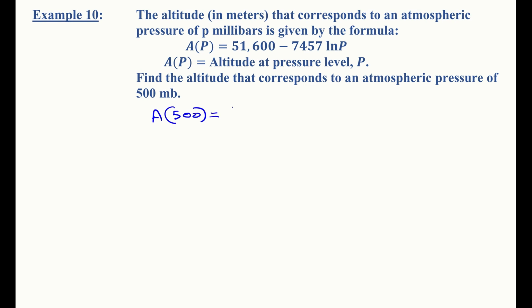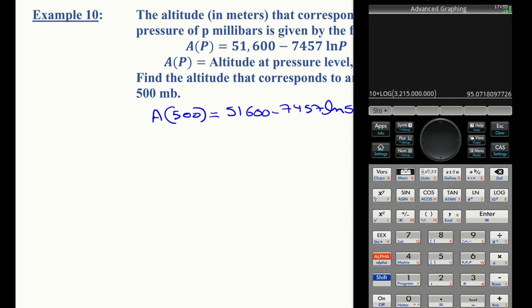So we're going to get 51,600 minus 7,457 ln of, now we're going to replace P with 500. So now it's just a matter of carefully entering that in one shot.